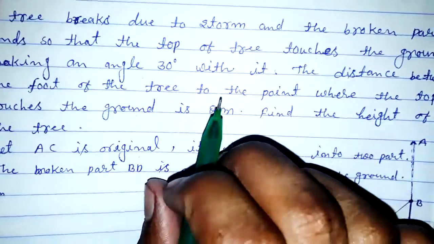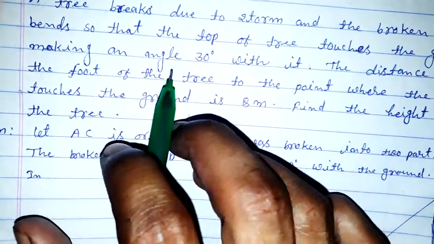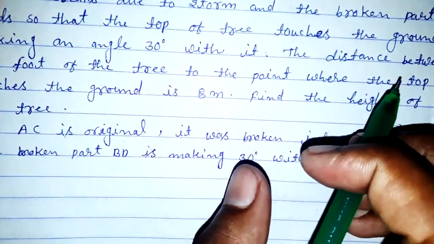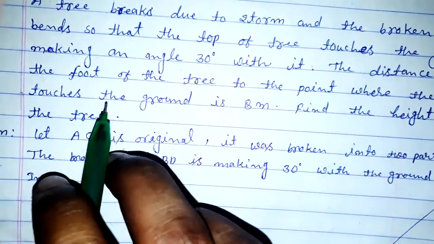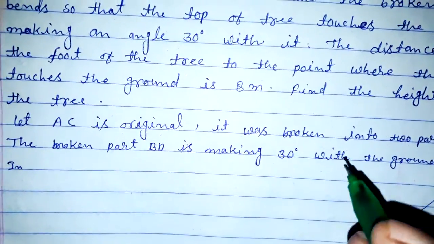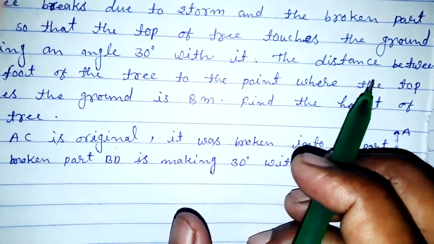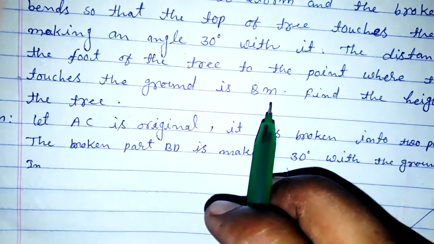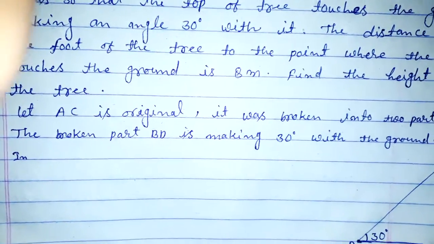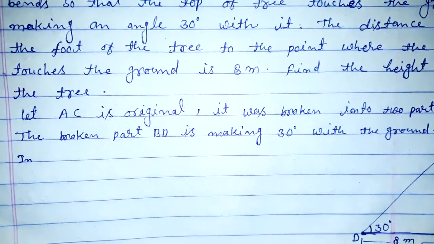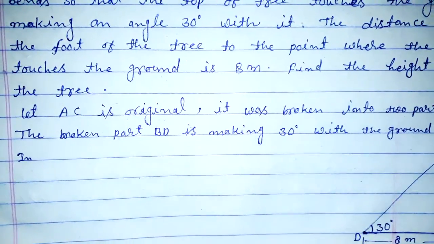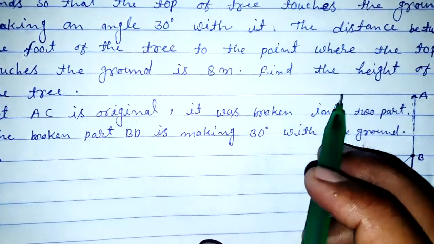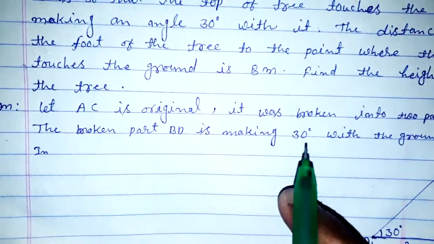The distance between the foot of the tree and the point where the top touches the ground is 8 meter. Find the height of the tree.